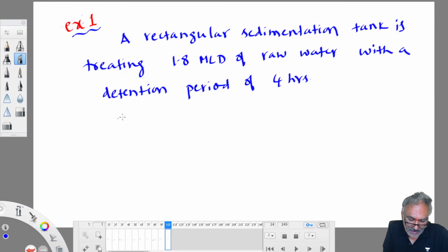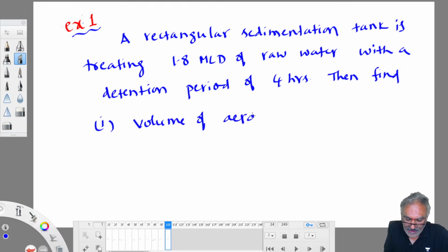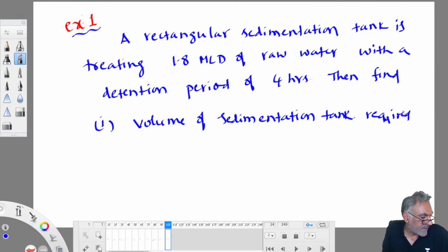Question number 1: find the volume of sedimentation tank required. This is question number 1. Options are given, but I am not giving options to you. You work it out.